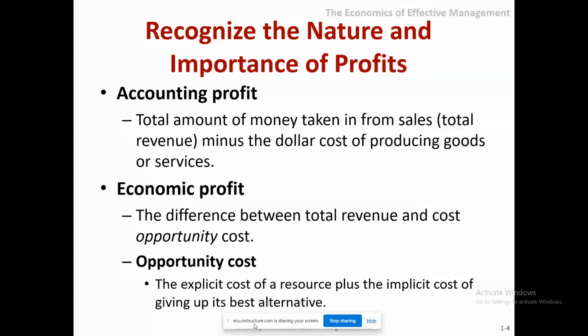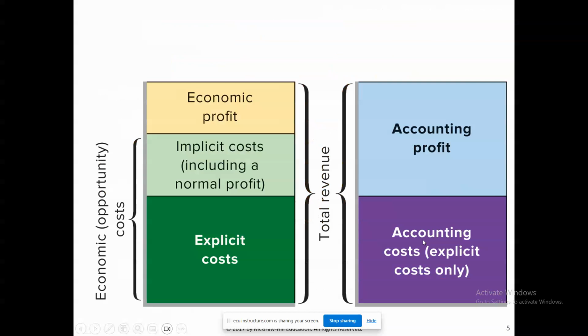The costs of non-self-owned resources are obvious and easy to measure. Those costs are recorded in your tax report or your bank statement. Therefore, we refer to this type of costs as explicit costs or accounting costs.